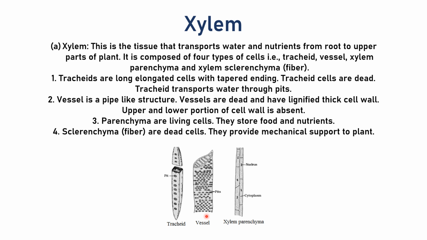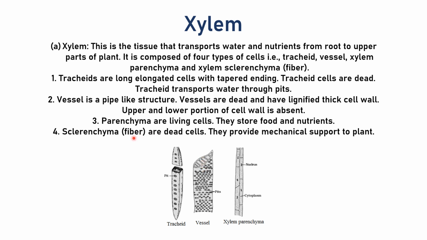And if you see the pits, the number of pits in vessels is more as compared to the number of pits in tracheids, right? So tracheids are usually found in short plants, whereas vessels are found in huge, tall plants. So the vessels are more advanced in nature.